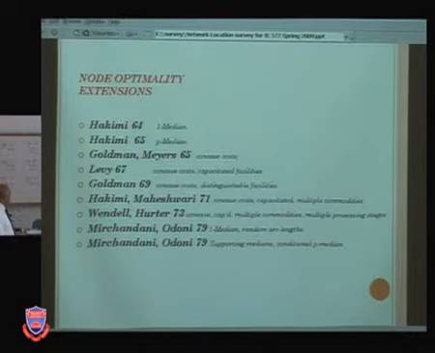Wendell and Hurter: concave, capacitated, multiple commodities with multiple processing stages. Mirchandani and Odoni gave a one-median generalization when arc lengths of the network are random rather than deterministic.